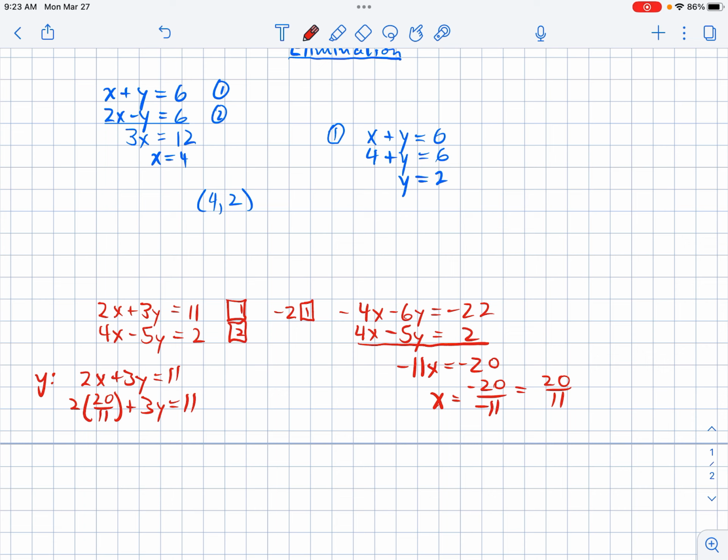And then I can clear out the fraction, multiply through by 11, and dig what happens. If I multiply everything by 11, I get 2 times 20, the 11's cancel, plus 3 times 11 equals 11 times 11. Whoops, kind of ran out of room. Let me just move this over a little bit.